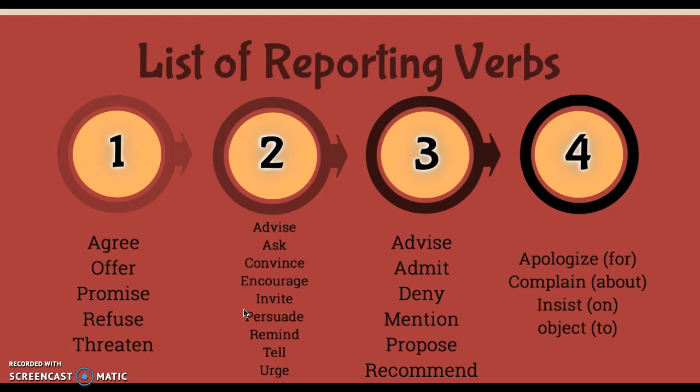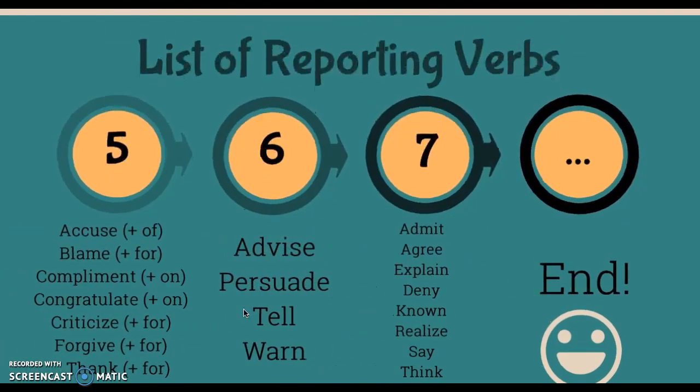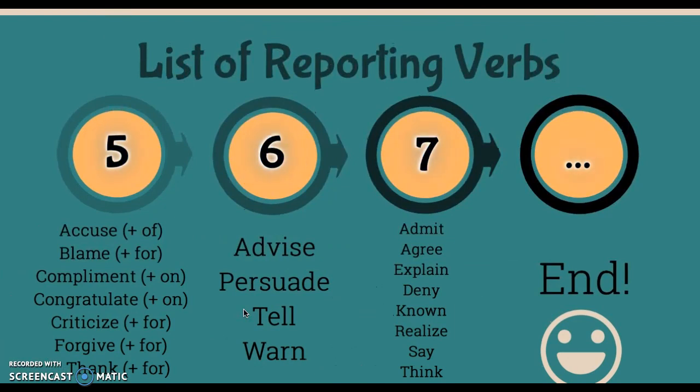In number 4, we have the verbs with the prepositions that are in parentheses. And then you can say apologize for, complain about, insist on, and object to. In the case number 5, we have other verbs with prepositions.